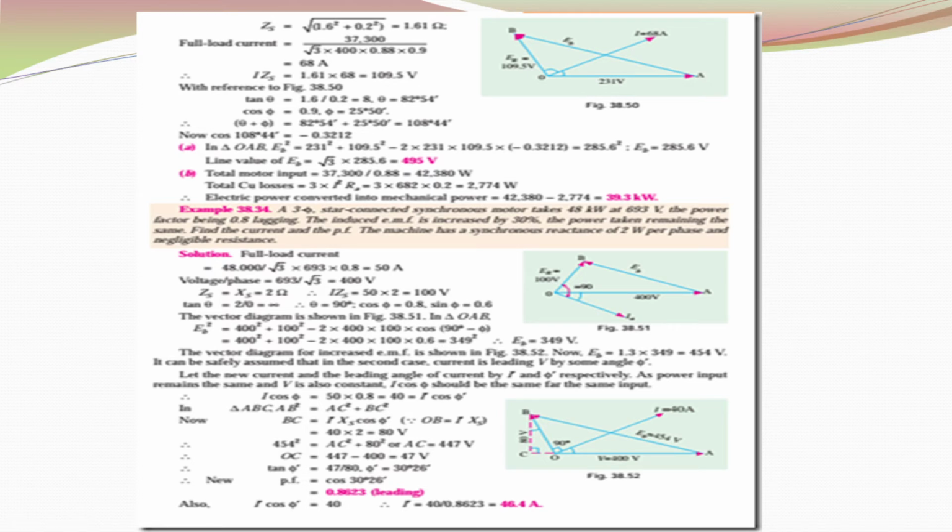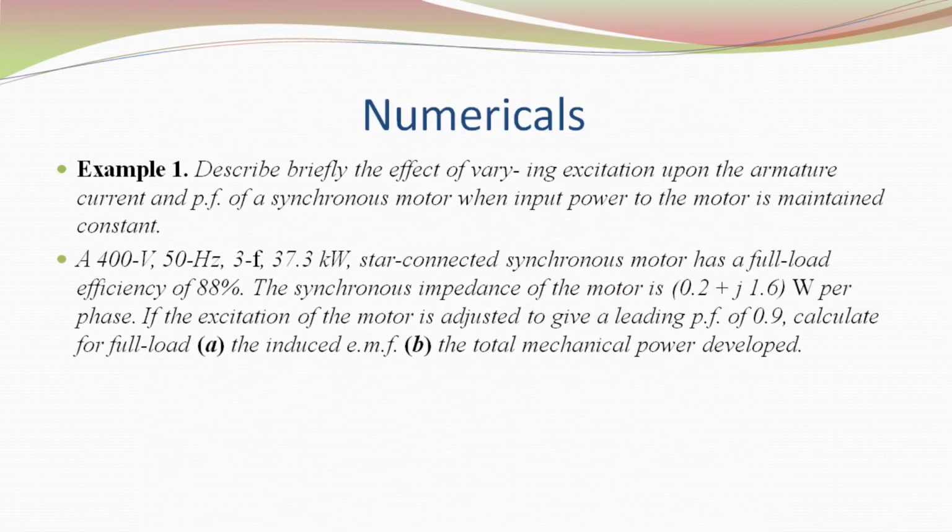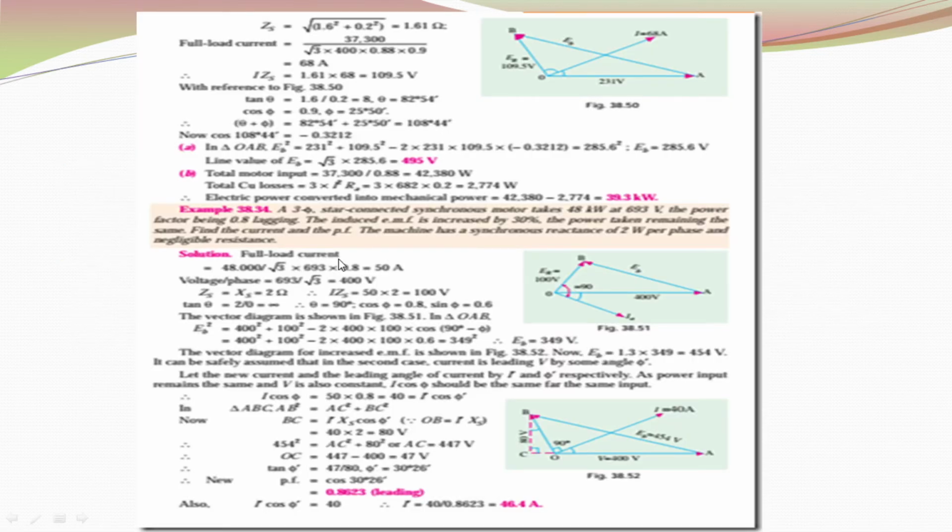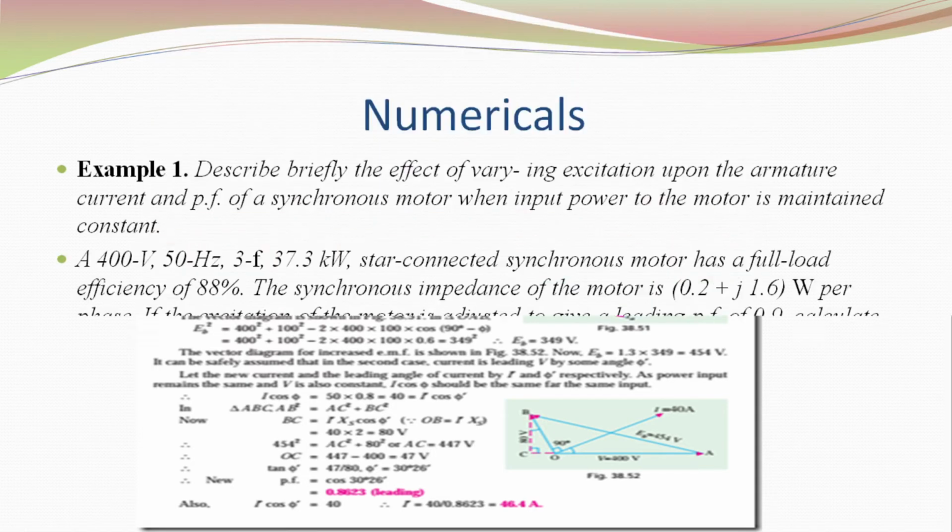Now full load current will be equal to what? Rating divided by root 3 V. So 37.3 kilowatt is the rating here, so 37.3 into 10 power 3, that is 37,300, divided by root 3 into voltage, which is 400, into power factor, which is 0.9.